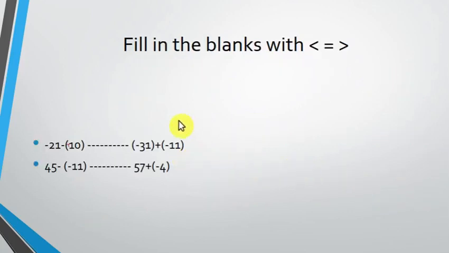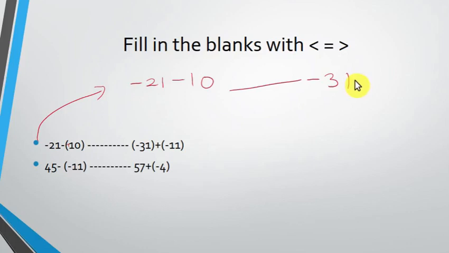Next, fill in the blanks with greater than, lesser than or equal to sign. First, we have to remove the bracket. So first one I am doing here. Minus 21, so minus 10... sorry, minus 31 plus into minus minus 11.